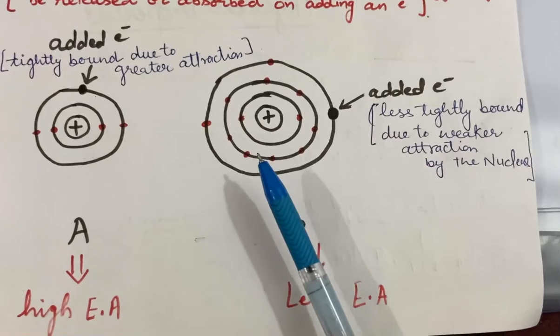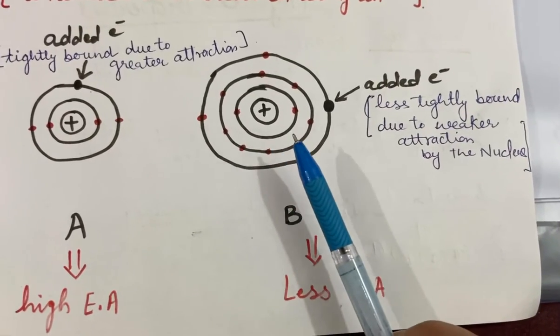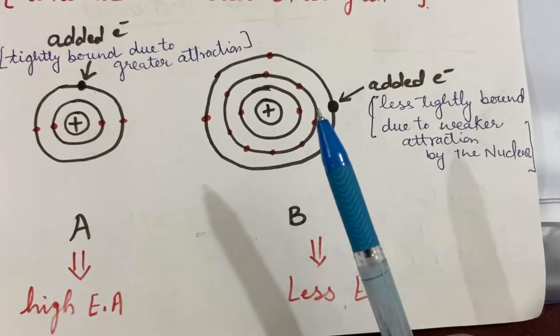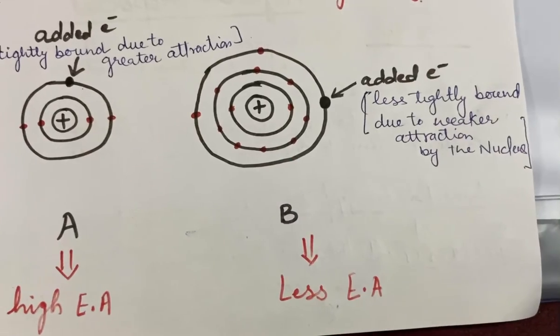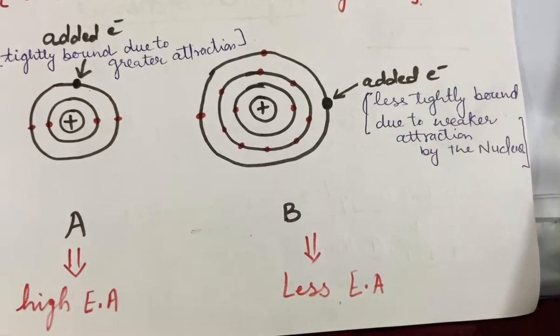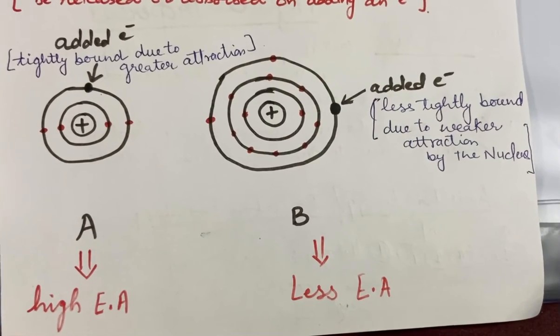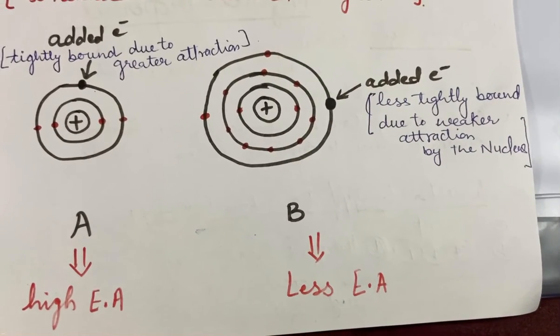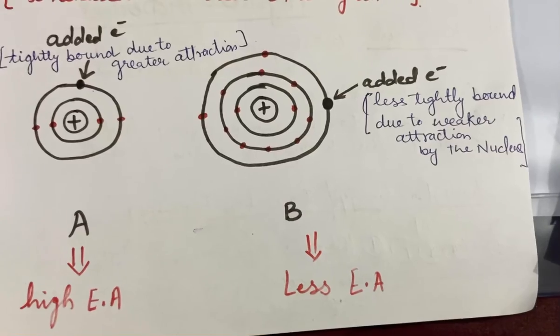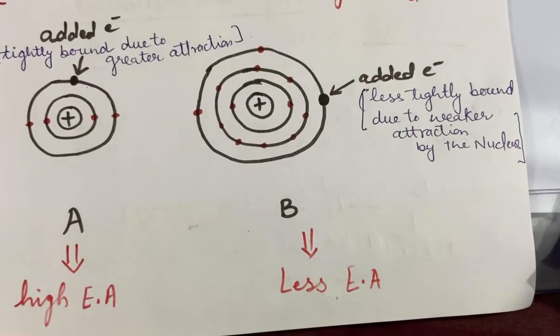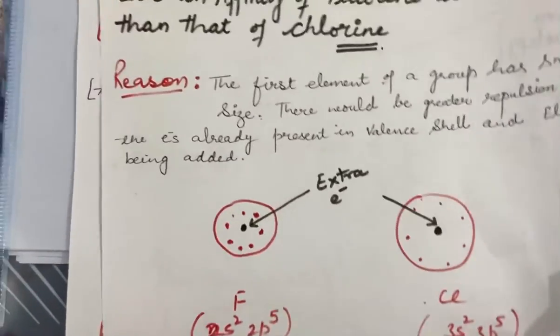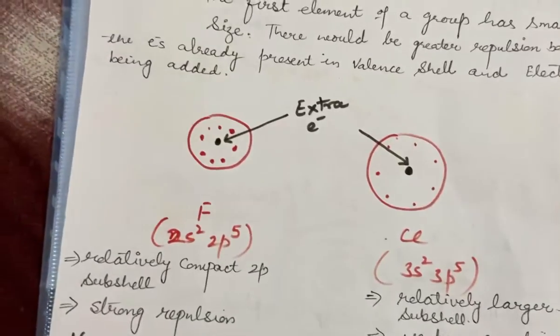So as the size of the atom increases, the added electron will feel lesser attraction toward the nucleus. So larger atoms have lesser electron affinity as compared to smaller atoms. But there is an exception to this.